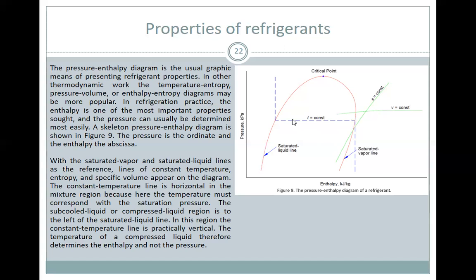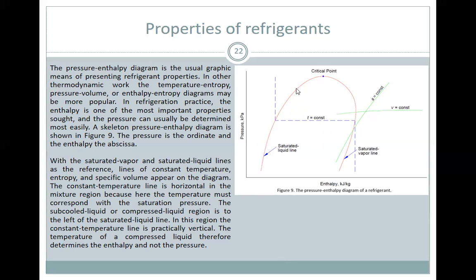Pag gumawa kayo ng sketch, yan. The constant temperature line is horizontal in the mixture region because here the temperature must correspond with the saturation temperature pressure. The subcooled liquid or compressed liquid region is to the left of the saturated liquid line.